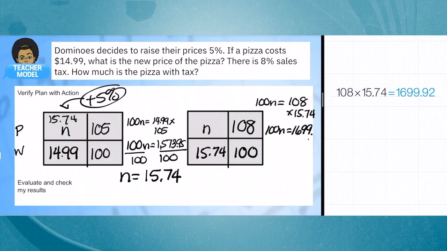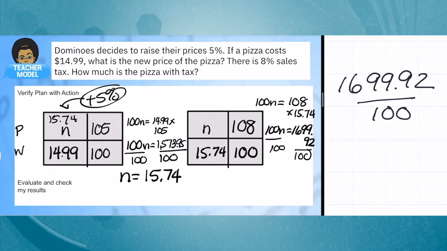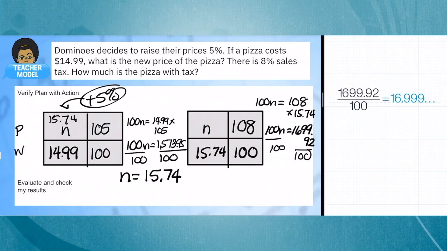And I record everything, is equal to 1,699 and 92 cents. We're going to divide both of these by 100. In case you want to see, 1699.92 divided by 100, and we get N is equal to 16.9999. So we're going to just round that up to $17.